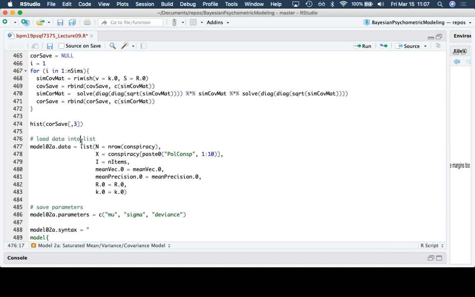If in univariate land, for the variance, the inverse gamma is the conjugate prior, then in multivariate land, for the covariance matrix, it's the inverse Wishart. So here's the catch in JAGS. In univariate land, it wasn't the variance we were having to plug in; we had to plug in 1 over the variance.